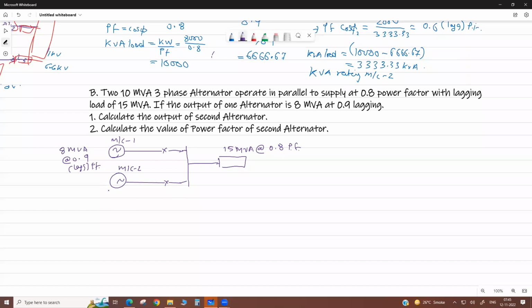So here instead of kilowatt and kVA, we use the megawatt and mega volt ampere, MVA and megawatt. See again, the same: your loads and their parameters, the total load, then shared by alternator or machine 1 and alternator 2.